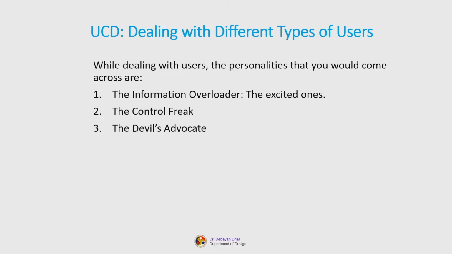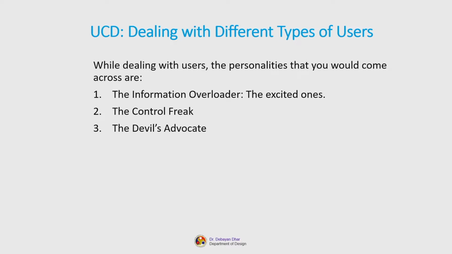Now, while dealing with users, there are various personalities that you would encounter during this design process. It is an art to know how to deal with each of them.